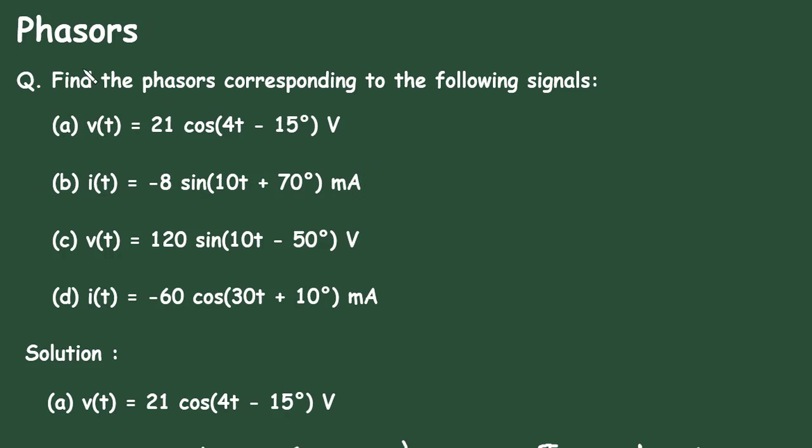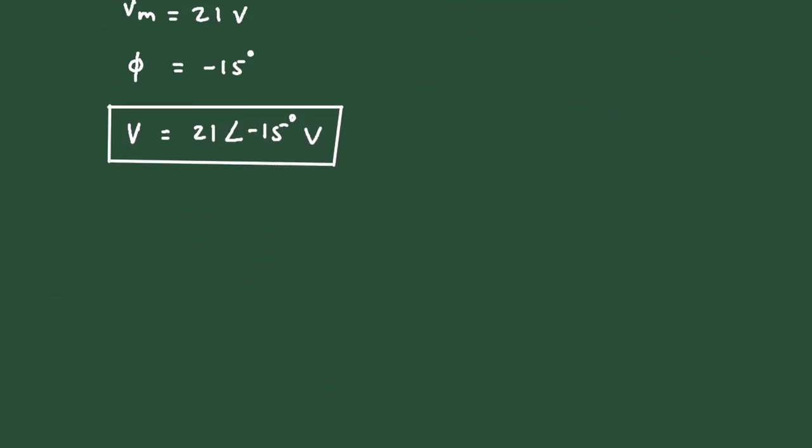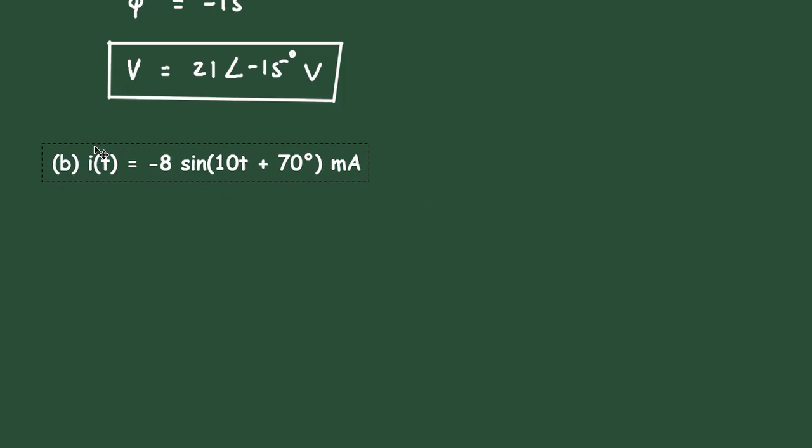Now for problem A, we can see it is in standard cosine form, but for problem B, it is in minus sine form. So let's see how we can convert this. This is problem B. Let's compare this with the standard equation.